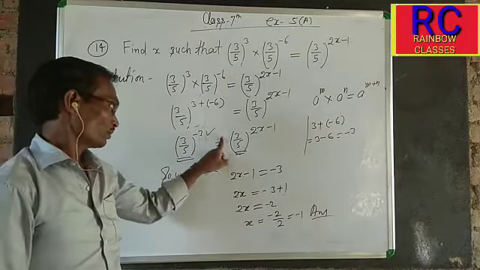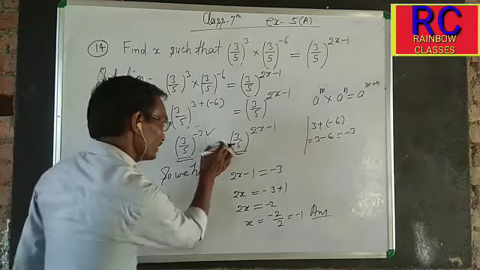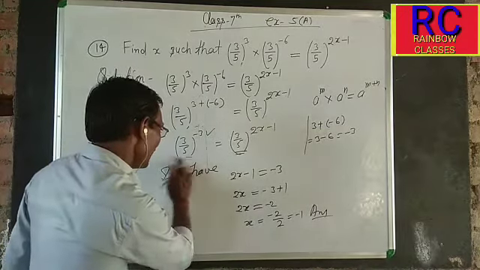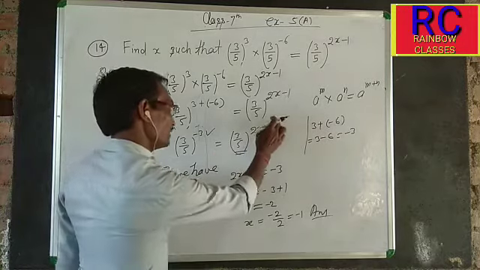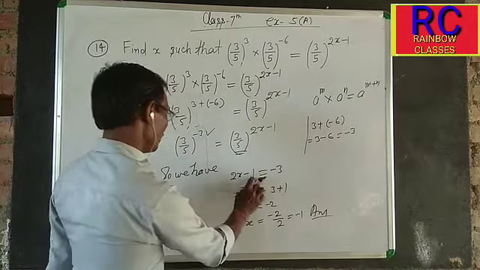Both numbers are equal and the bases 3 by 5 are equal, so their powers are equal.